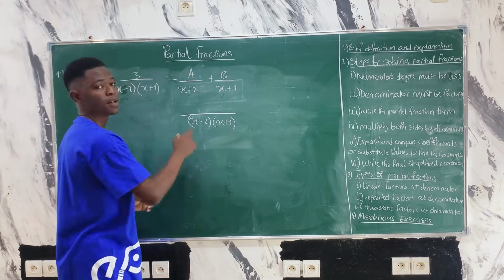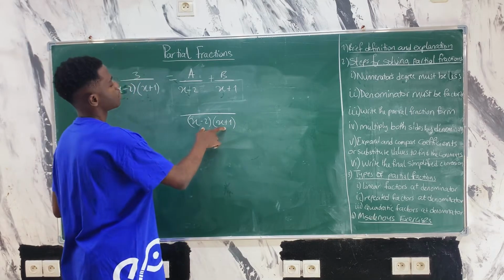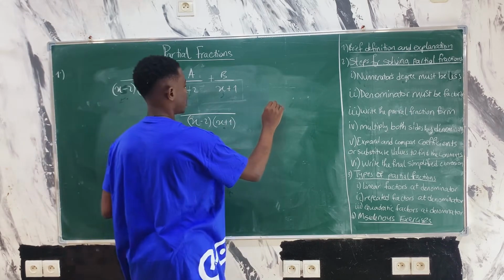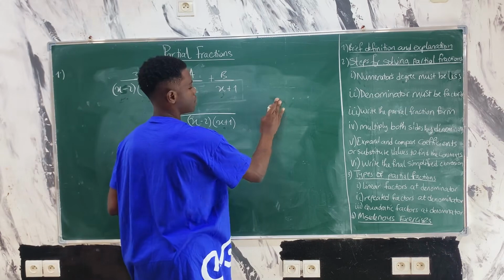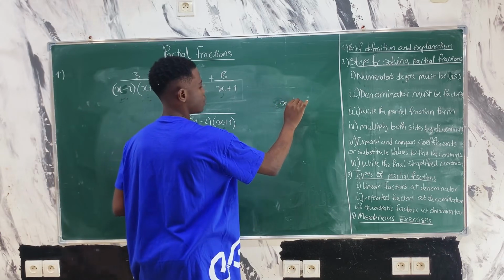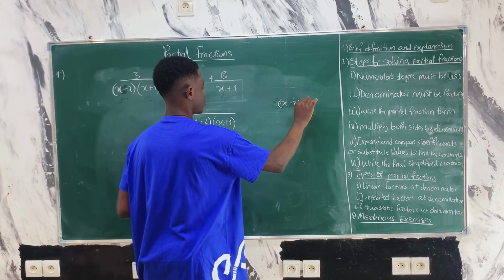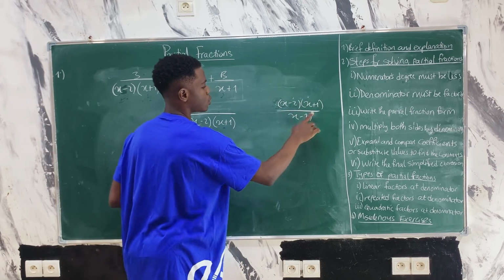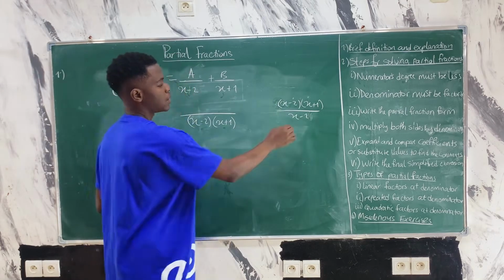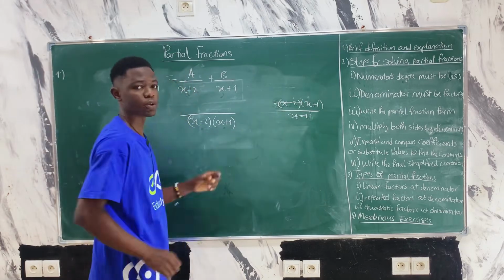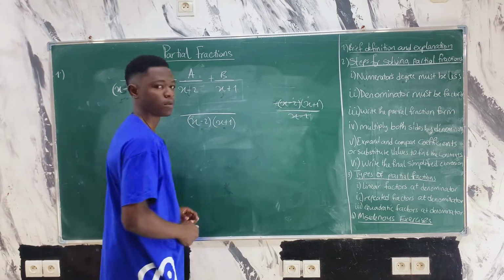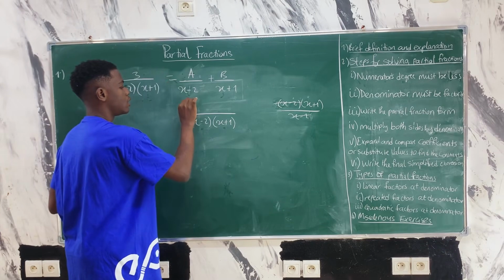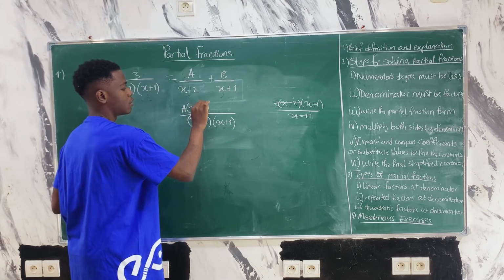When I have my LCM, I divide this by x minus 2 to find the first multiple of A. So I have x minus 2 into x plus 1 divided by x minus 2. I can see that this x minus 2 will cancel this x minus 2. So I'll be left with x plus 1. So x plus 1 will be the first multiple of A. So I'll have A into x plus 1.